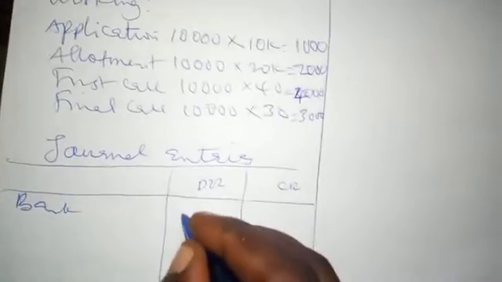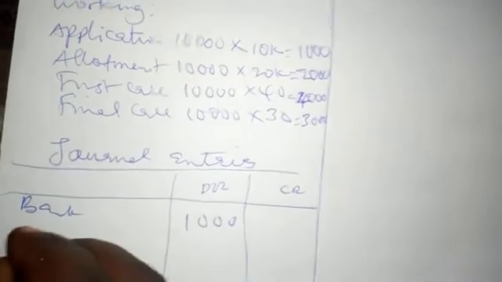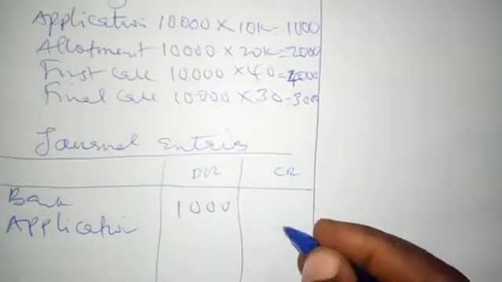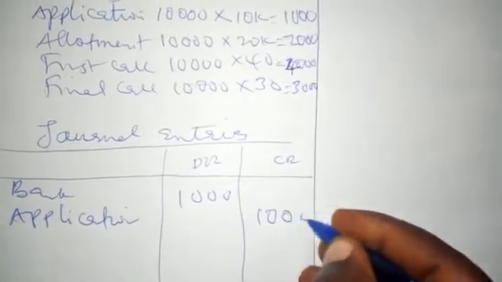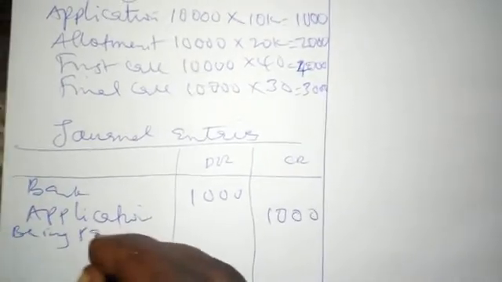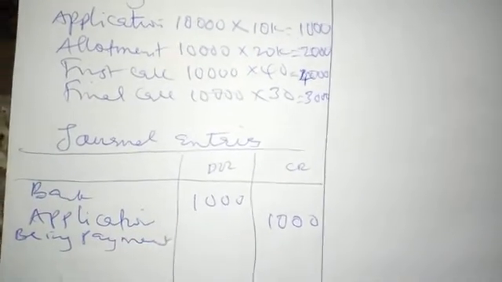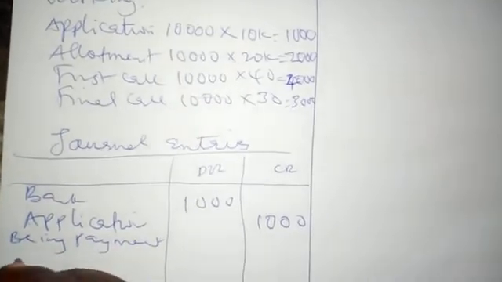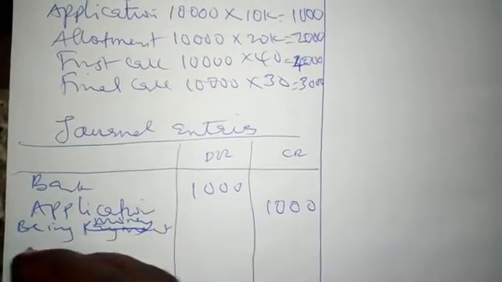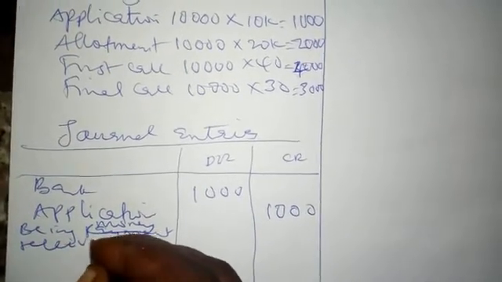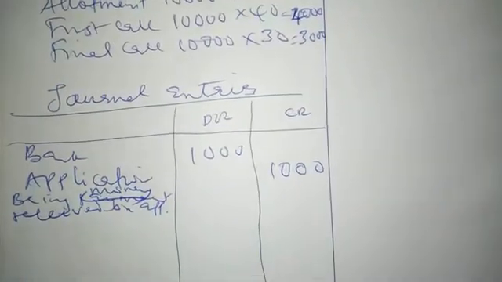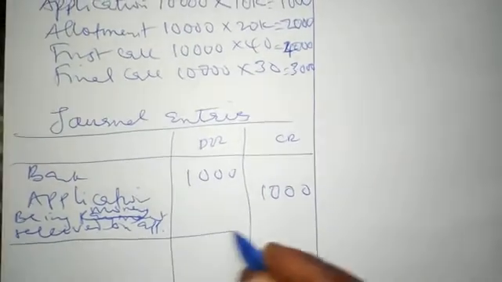Bank will receive 1,000 naira, and then application is the one giving out that. Then you have 1,000 naira on the credit side, being money received on application. Okay, you close this one.